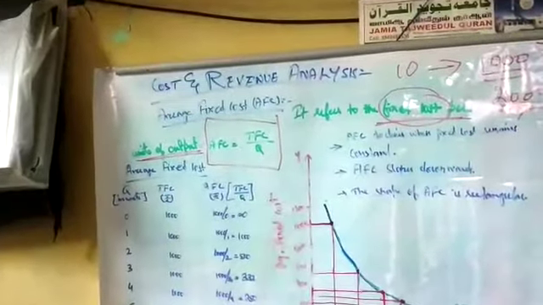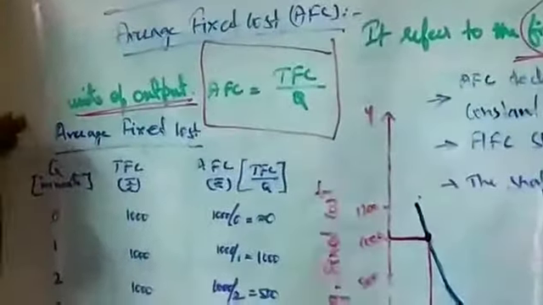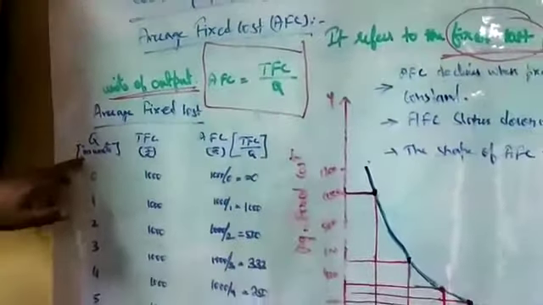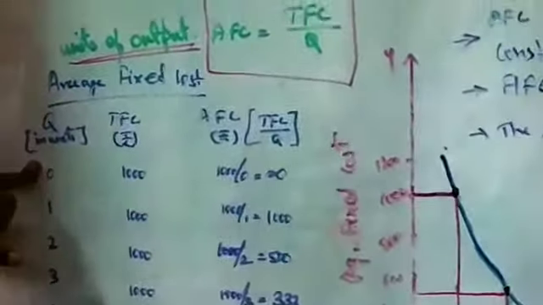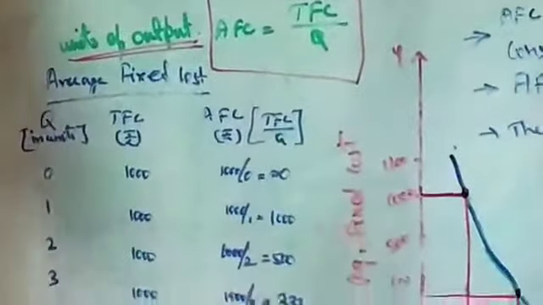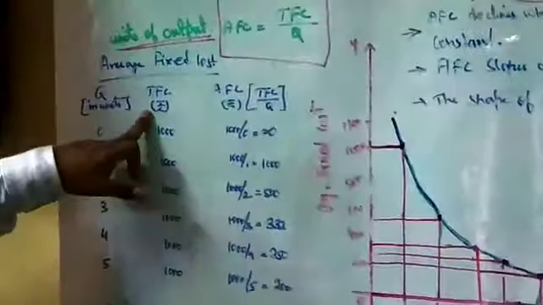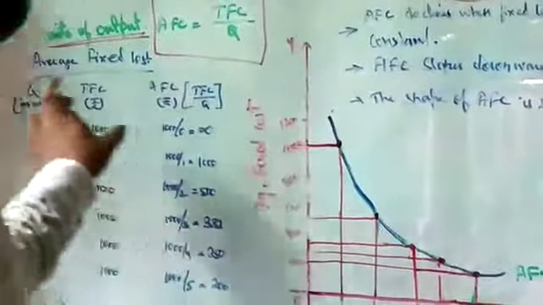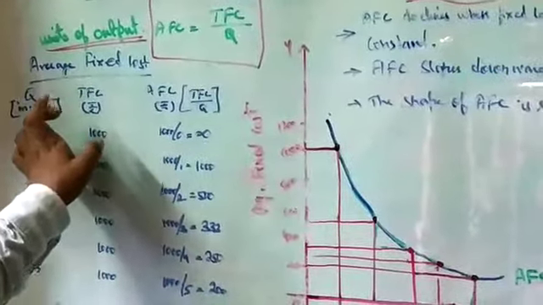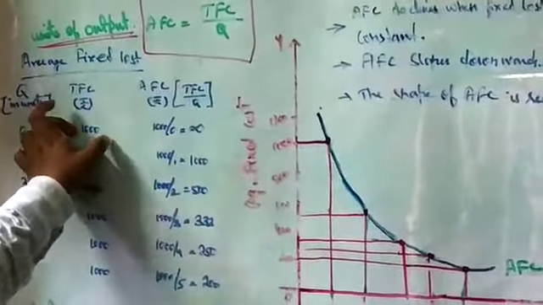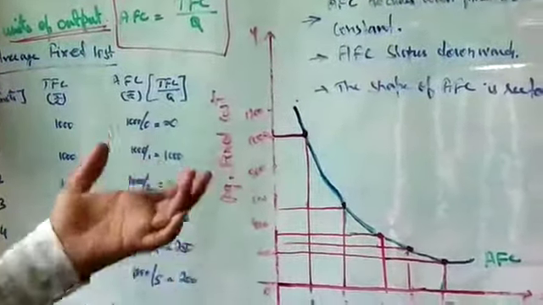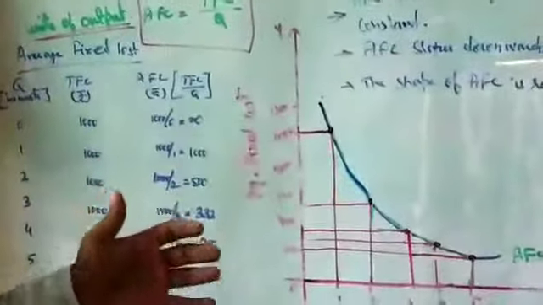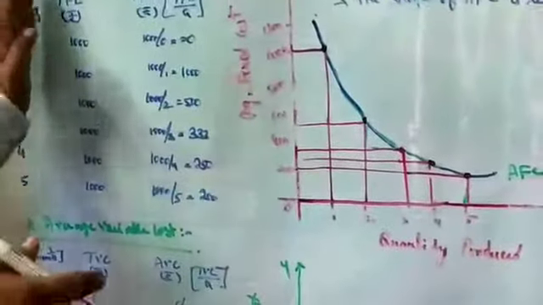Now we take the units, which we know as quantity, from 0 to 5. We have already assumed that the fixed cost will remain the same. We took 1000 as an assumed value. You can take 1000, 2000, 500, even 100.